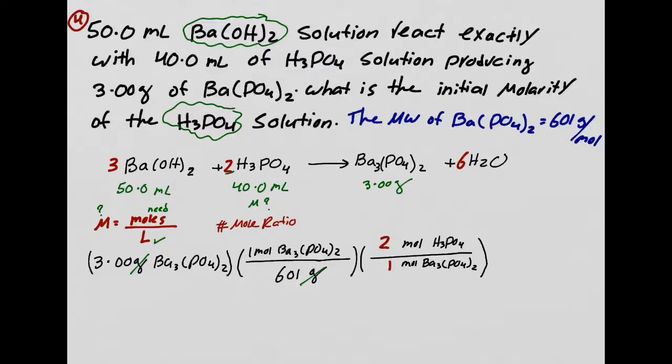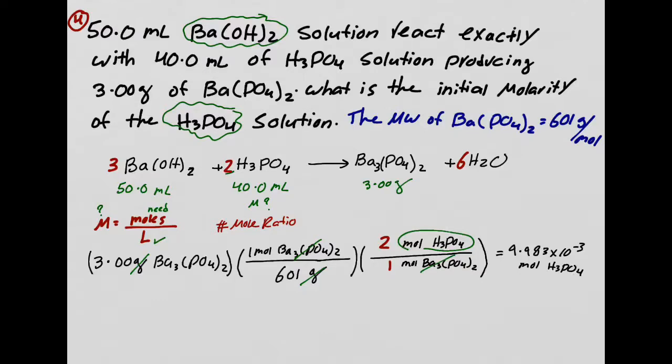So I use a mole ratio. Okay, this is great because now moles of barium phosphate cancels out and I end up with moles of phosphoric acid, which is what I want. Okay, so what that is, 9.983 times 10 to the minus third moles of phosphoric acid.